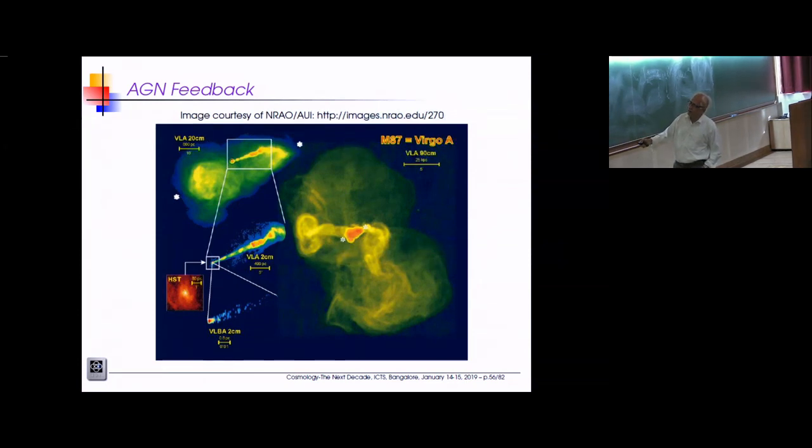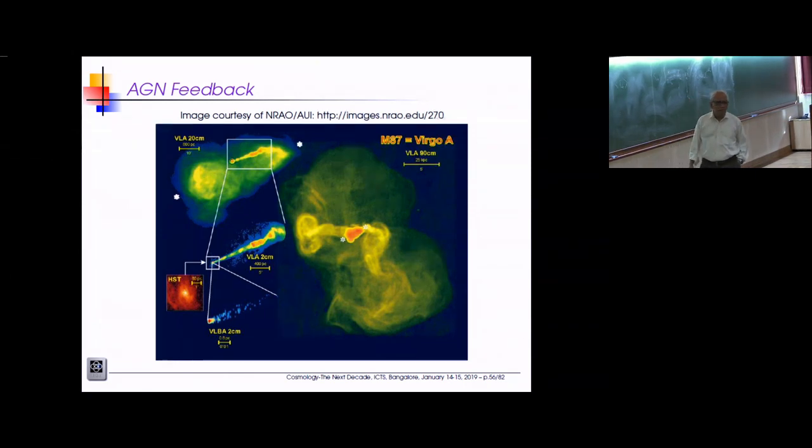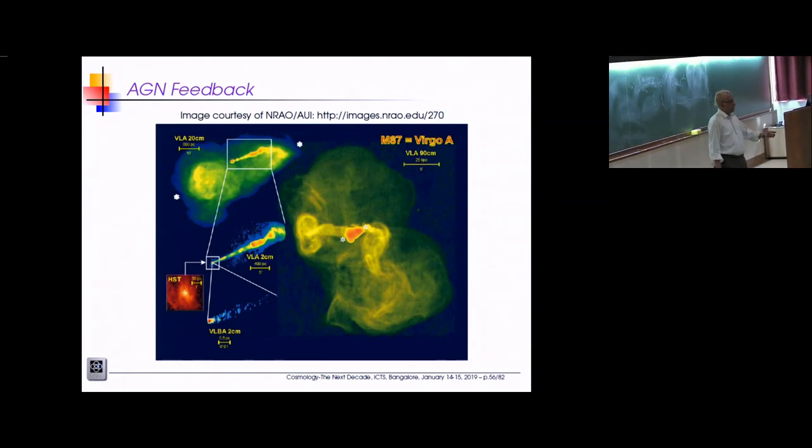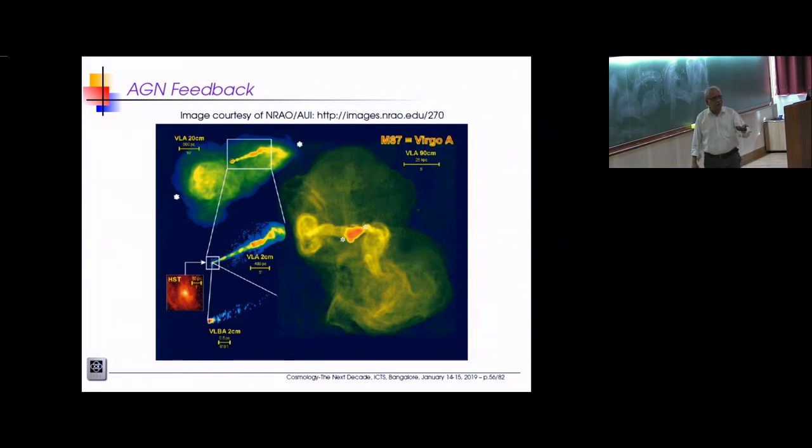Then up to VLBA scales of 8 parsecs. Or sorry, this is 0.01, so fractions of a parsec. The jets are originating near the center of this galaxy at very small scales of the black hole. Remember that for a solar mass black hole, the horizon is 3 kilometers.